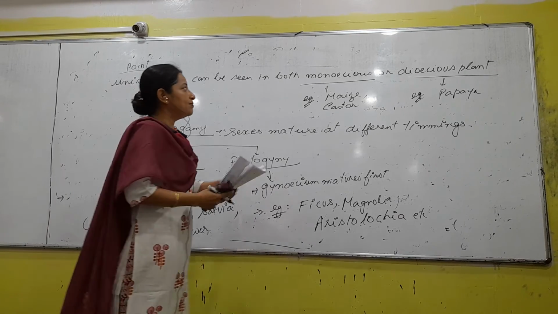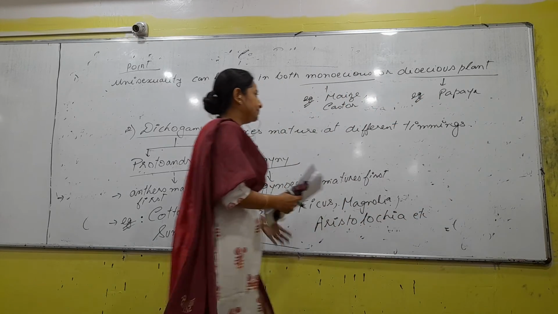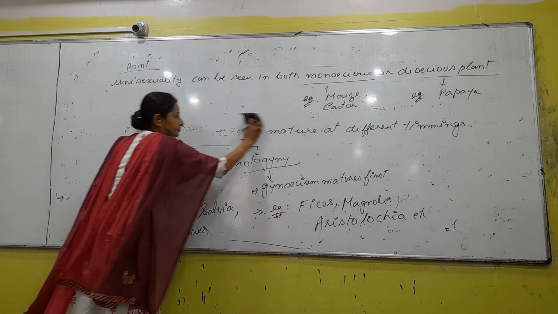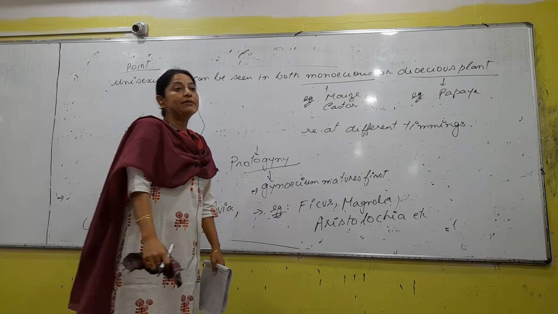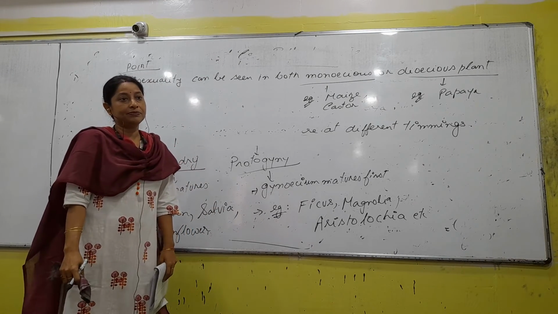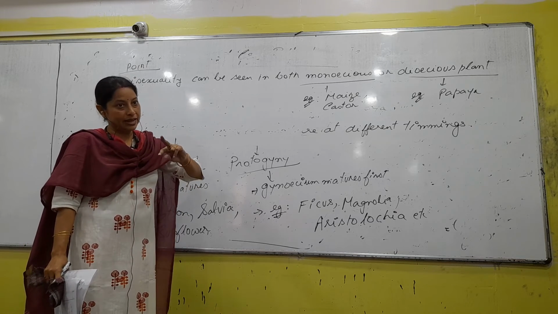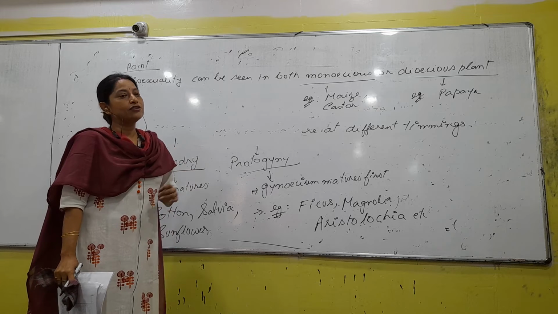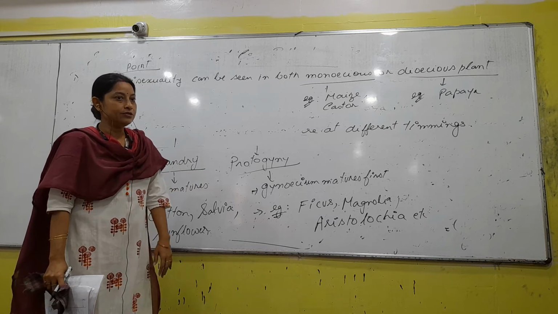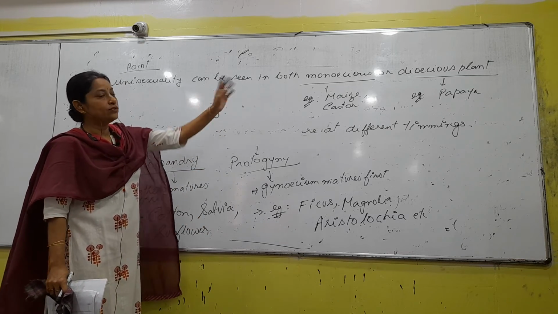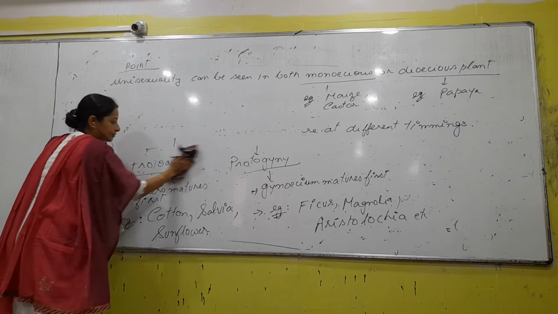So unisexuality could be seen in case of monoecious, for example, and dioecious, for example. In an adult plant there are two different flowers, one male flower and one female flower, and in dioecious the male plant is totally different from the female plant. Understood?